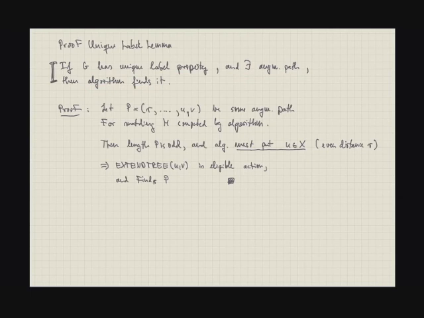Okay, so let us just pick some augmenting path starting at a root vertex R, ending at a vertex V here. So that's some augmenting path for a given matching M. So we assume there exists an augmenting path, and that is the one, or one of them. Since this path is an augmenting path, the length of this path is odd.